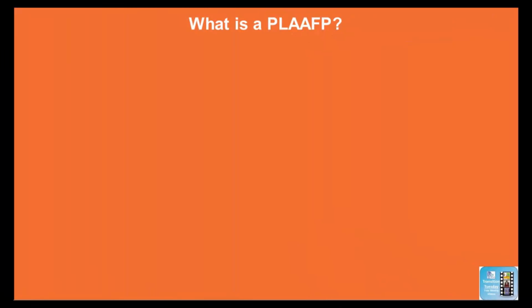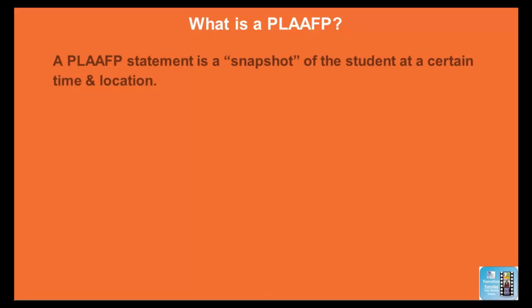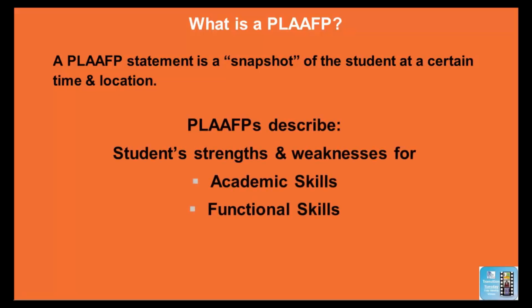To get started, let's first talk about what is a PLAAPF. A PLAAPF statement is a snapshot of the student at a certain time and location. PLAAPFs describe the student's strengths and weaknesses for academic skills and functional skills, and the student's interests and preferences.